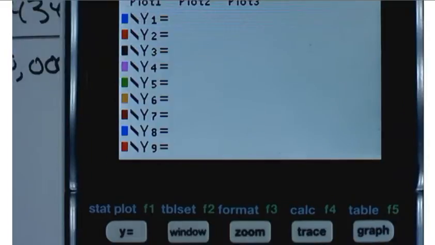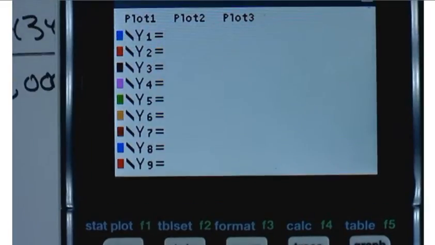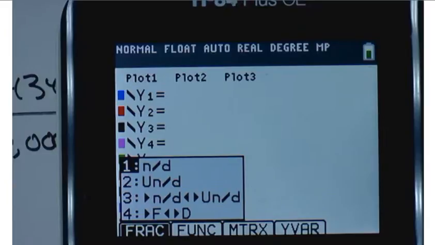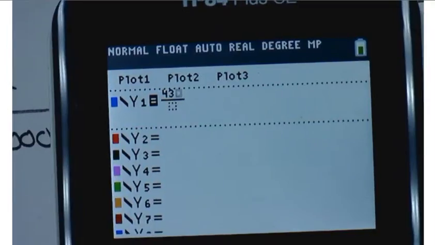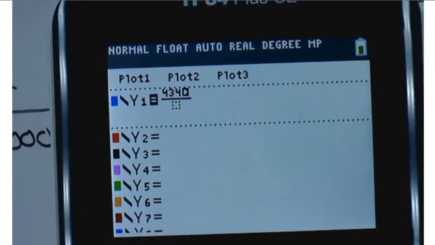I would strongly recommend that those of you who have MathPrint hit the alpha key and then the y equals key. That allows you to type in a fraction kind of like the way we like our fractions, a numerator and a denominator. The numerator is 4,347 divided by a 4 and then 8 zeros.